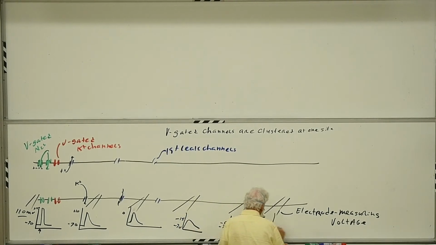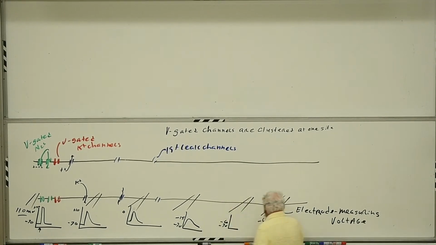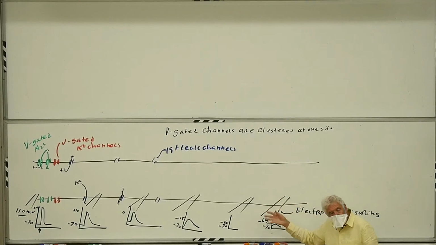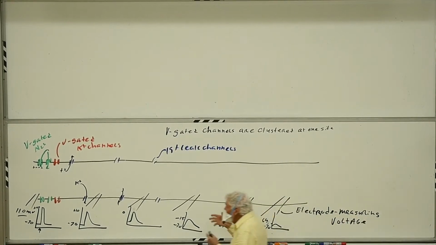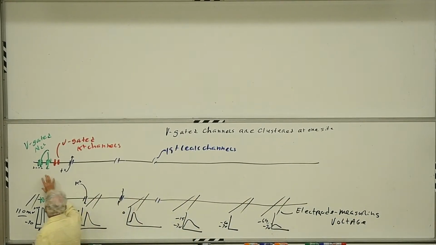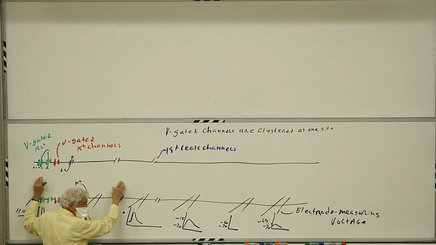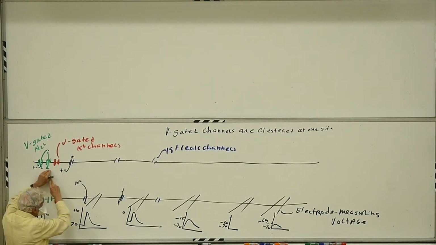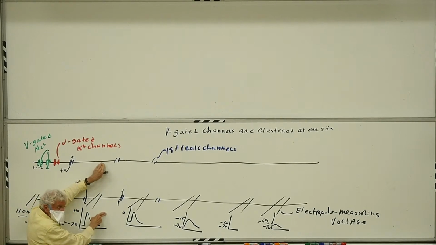And here we go from minus 70 to maybe minus 69 millivolts. What I'm thinking about this is simply as the action potential tries to propagate along this membrane, the positive charge is leaking out through the potassium leak channels.